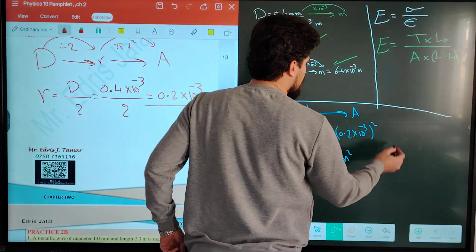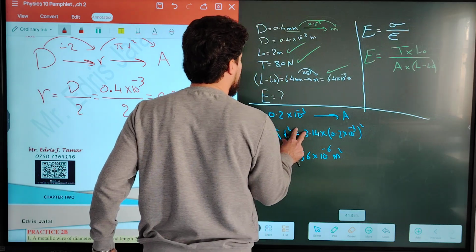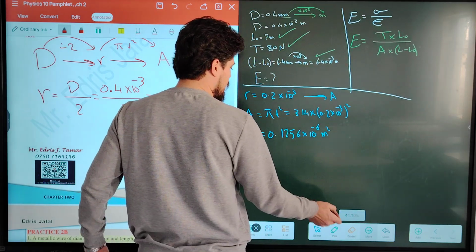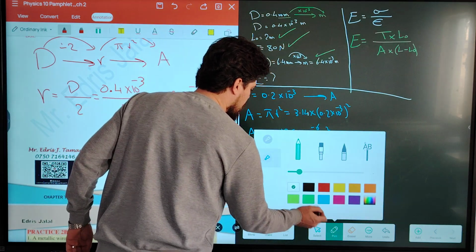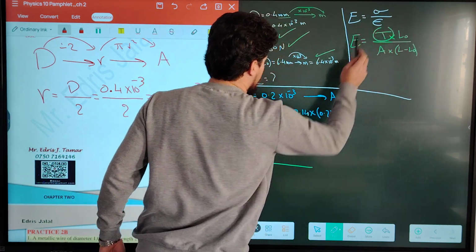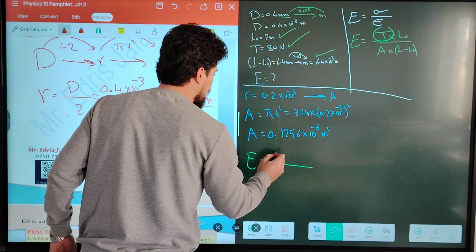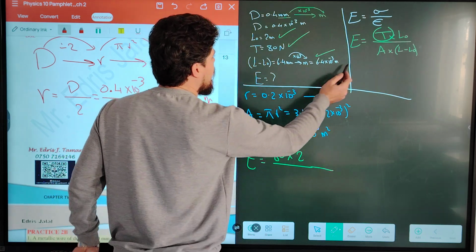So can you replace into this equation? Yes. After we found the amount of area, we can substitute into this equation to determine Young's modulus. Young's modulus is equal to what? Do we have tension? Yes, 80. Initial length 2, over area. Do we have area?